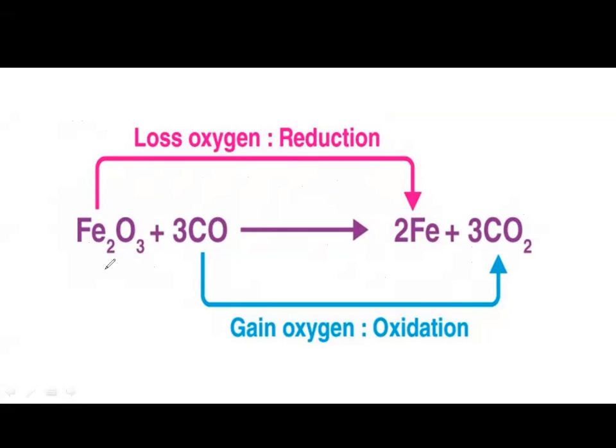Now if I consider this reduction process, it is losing oxygen. Who is helping in reduction? CO is helping in reduction, by taking the oxygen. When it is taking the oxygen, can I say it is itself getting oxidized?